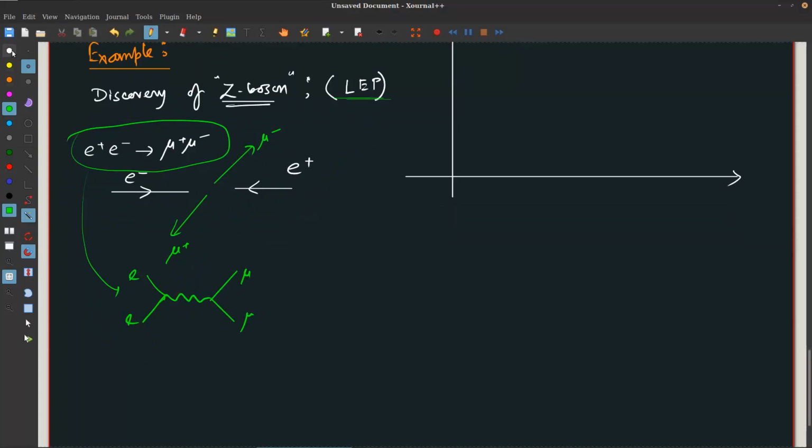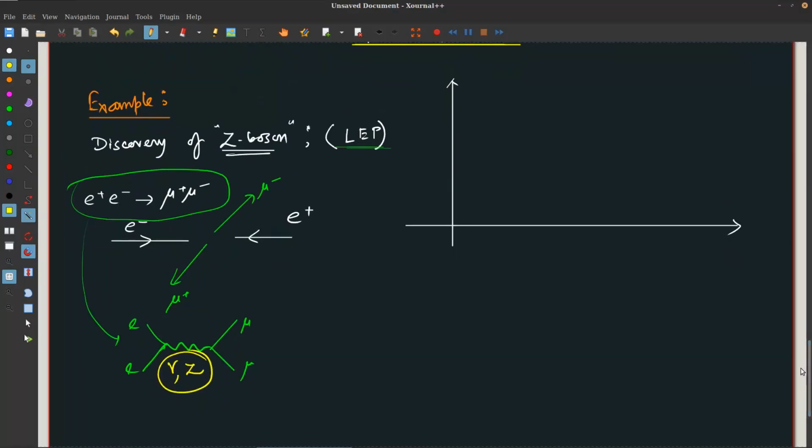If this Z boson theory is true, then the mediator can be gamma or Z. Suppose this Z has a mass which I did not know previously, but now I know, let's say 90 GeV. People without a particle physics background can consider this as grams.